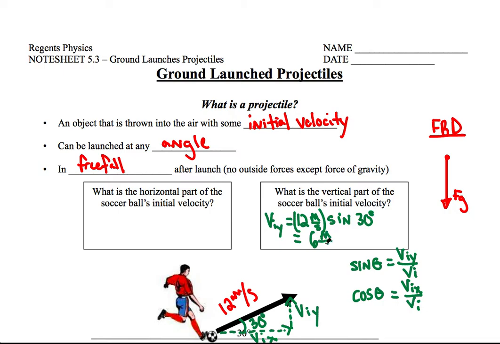This works out to be 6 meters per second. In the horizontal, my initial velocity is the cosine of my angle times my initial velocity. So this is 12 meters per second times cosine of 30 degrees, and that works out to be 10.4 if I round it to 3 sig figs. 10.4 meters per second.